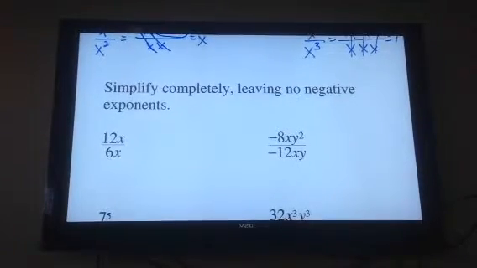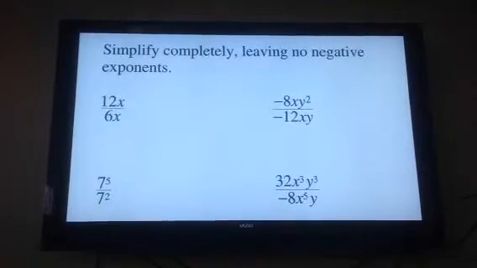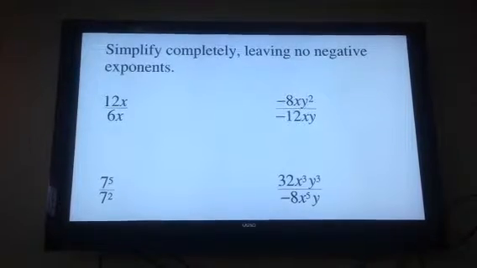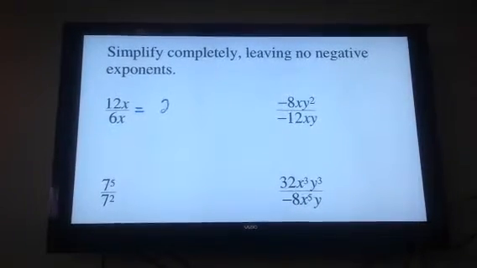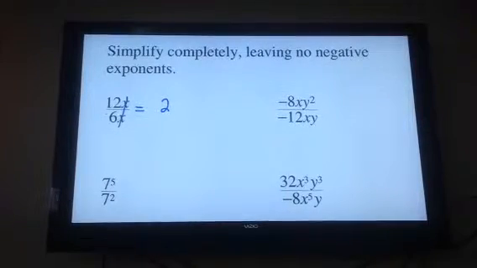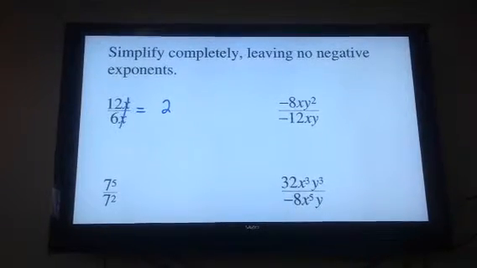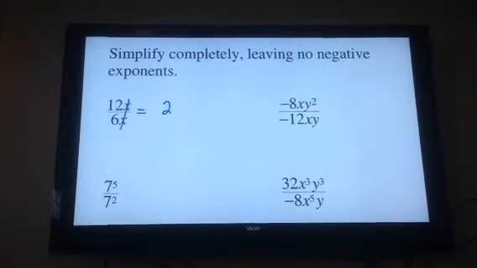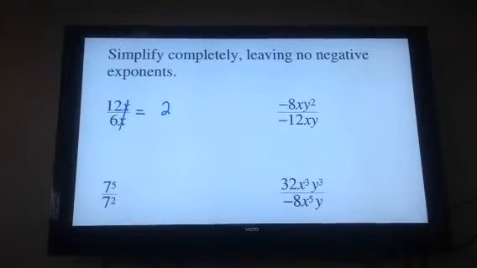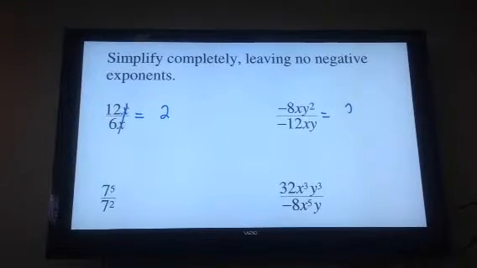So we're going to simplify, leaving no negative exponents. 12 over 6, so we're going to reduce that first. 12 over 6 is equal to 2, and x over x would cancel. Done. Negative 8 over negative 12 reduces to a positive 2/3.